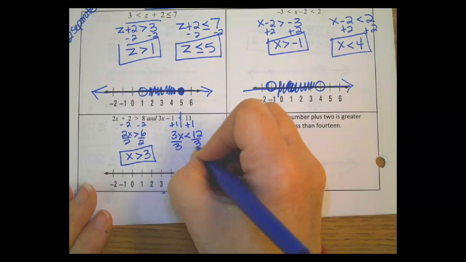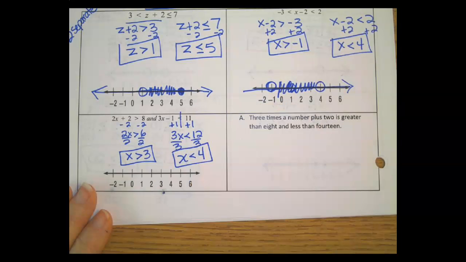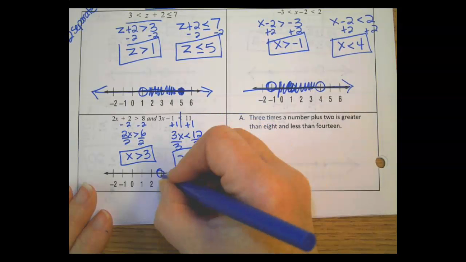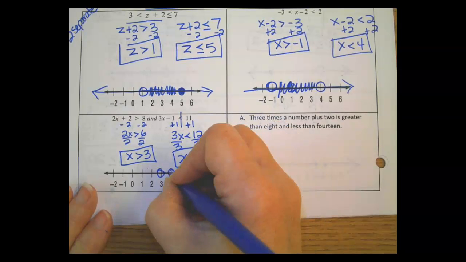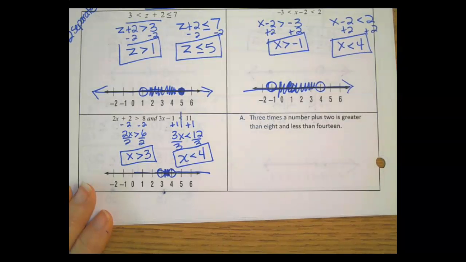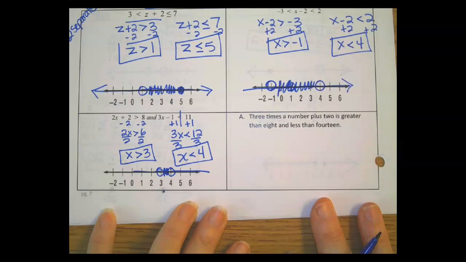Divide by 3. x is less than 4. Open dot on 3. What's greater than? This way. Open dot on 4. What's less than? Here. What do they share? That in between. The in between is what I'm looking for.